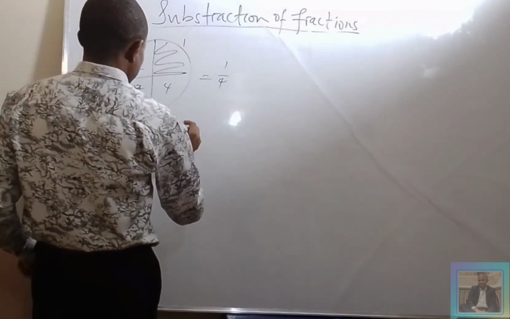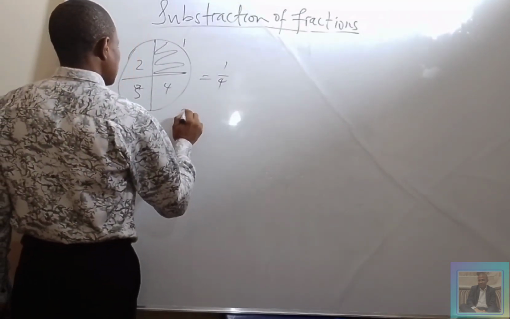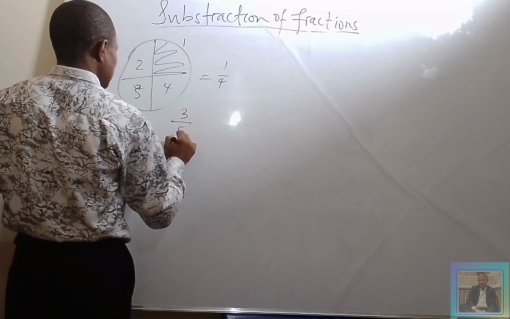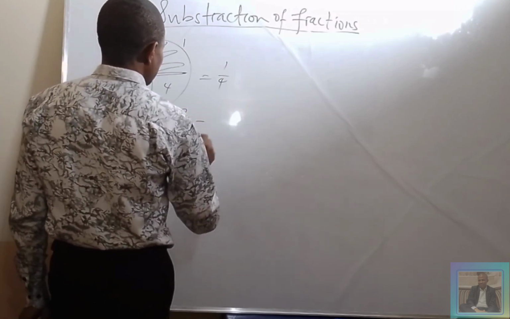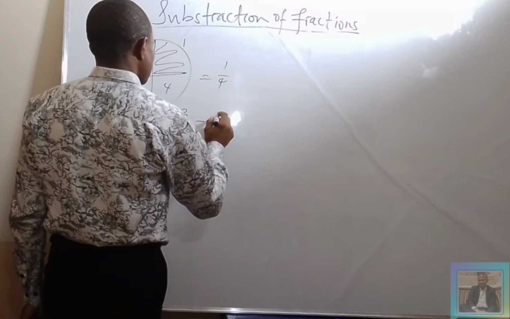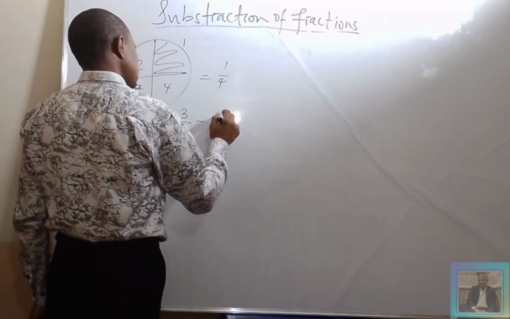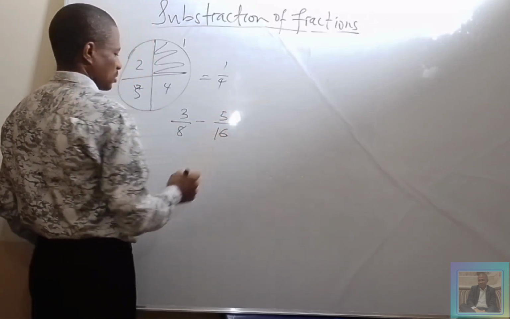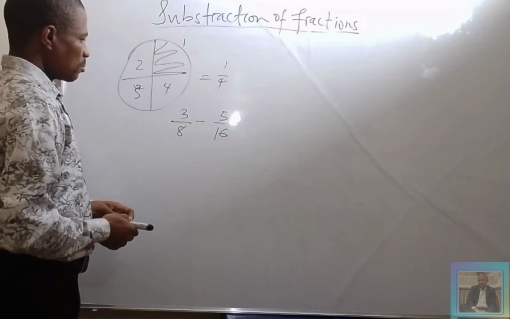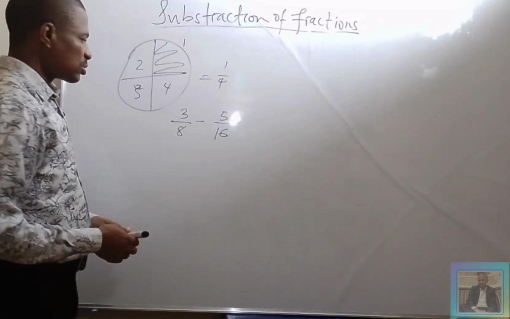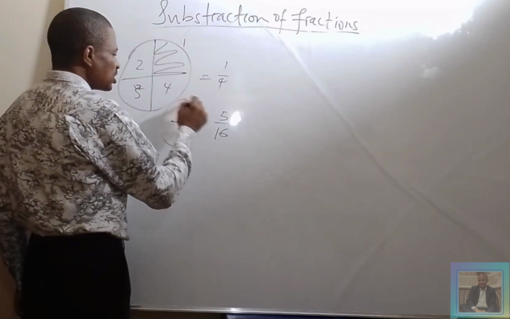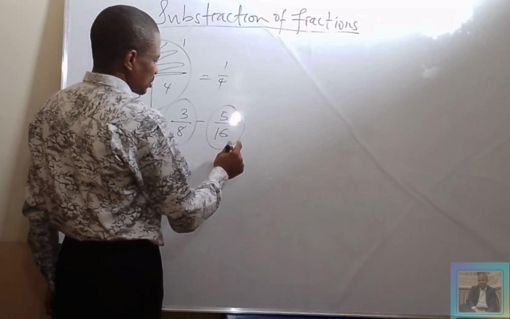For instance, let's say 3 over 8, and then we want to subtract it from 5 over 16. Before we can proceed with subtraction, the denominators must be the same.